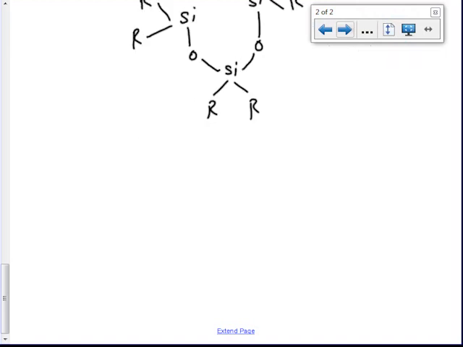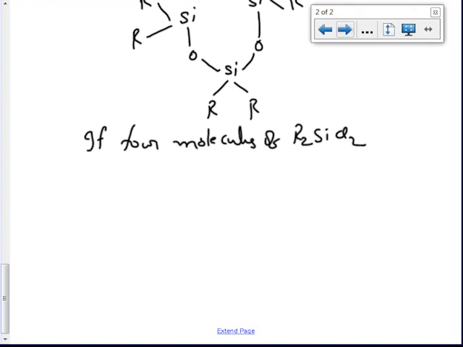If 4 molecules of R2SiCl2 are hydrolyzed, the cyclic form has SiO, SiO, SiO, SiO.